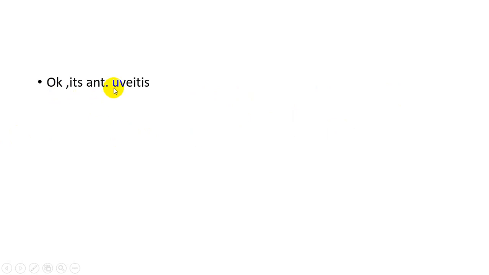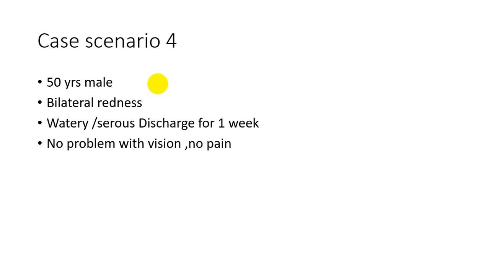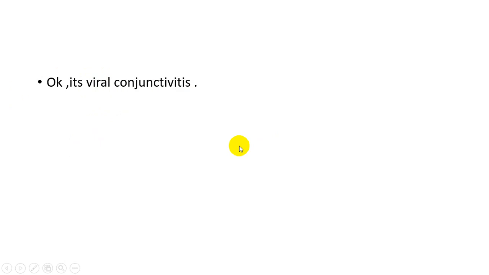This is anterior uveitis, sometimes called iritis or iridocyclitis. Case scenario 4: a 50 year old male, bilateral redness, watery or serous discharge for 1 week, no problem with vision and no pain. What is this? Okay, it is viral conjunctivitis. Thanks for your hearing. Thank you very much.